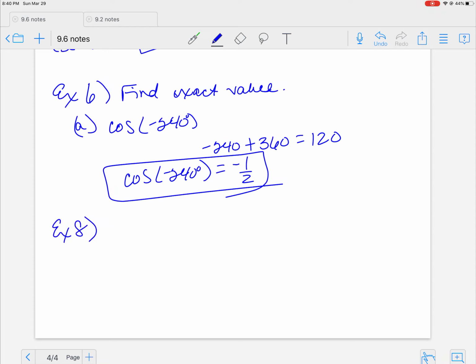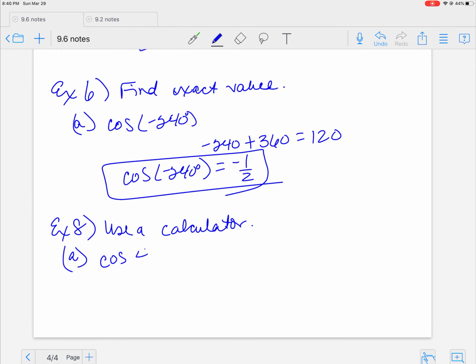Honestly, if you have your unit circle, you get those if it works with those common angles. As long as you have those common angles, then you're good to go. All right. If you don't have your common angles, then you have a calculator. So for my first one, I want to look at the cosine of 49 degrees and 12 minutes.